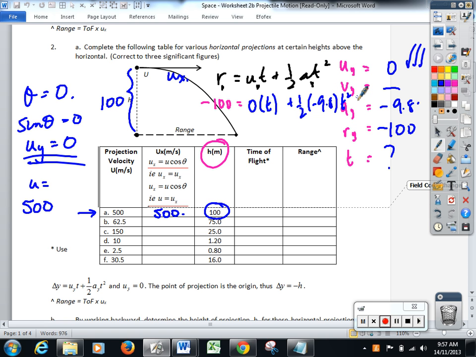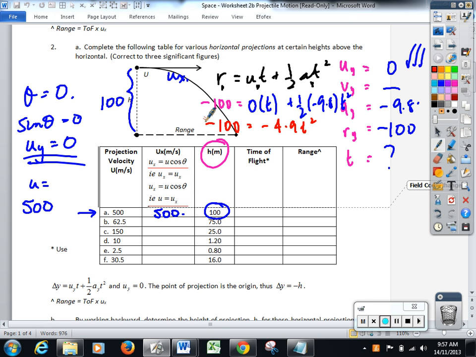Remember, t is what we're trying to find. Sorry, I'm running out of room there. I'll just keep on going, as you can see, hopefully. So you get, I'll go into red, so you can probably see it, minus 100 equals negative 4.9 t squared. Now, this is always going to happen. Because acceleration is negative, you'll get a negative over here. And because it's just dropping straight down, it's also moving sideways, you'll also get a negative.